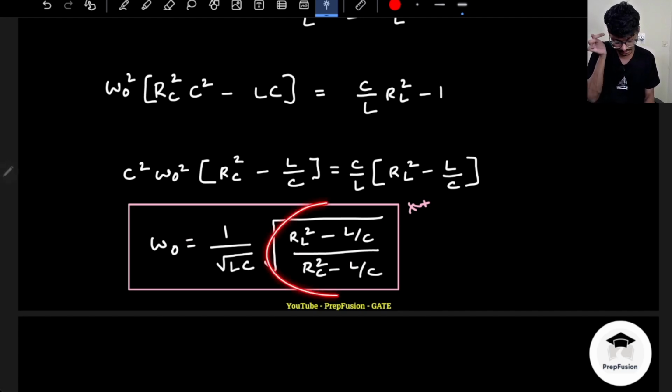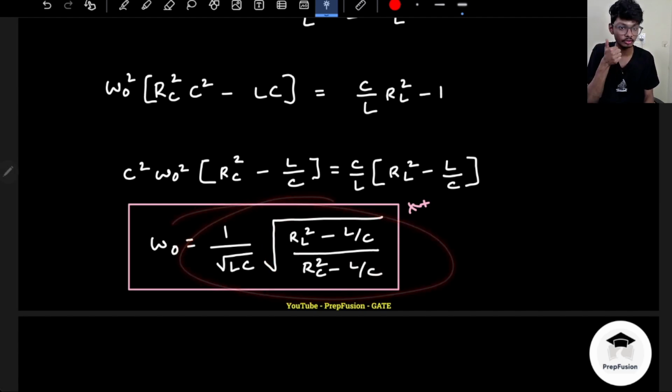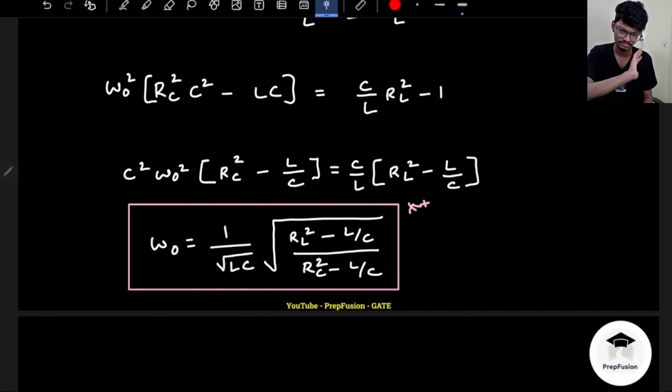But if RL is not equal to RC and the circuit is something like this, how will you remember? First this part is sorted. This will be 1 by under root LC, this part is sorted. You can easily remember this. What about the other part? For the other part, you first have to remember that in the top RL will come, in the bottom RC will come.